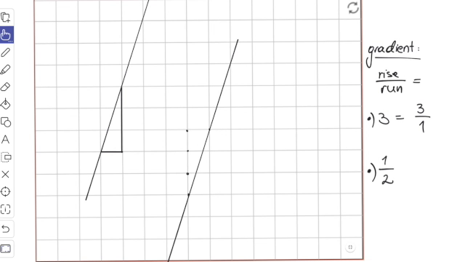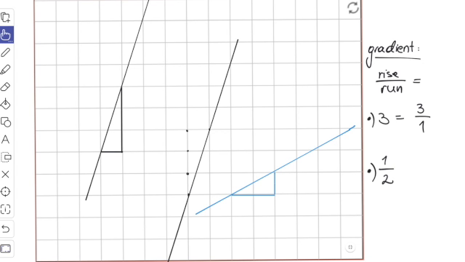I want to show you how to draw a straight line with a gradient of 1/2. First method we're going to use again is that of the triangle. So that triangle has a side length of 2 in the horizontal and a side length of 1 in the vertical, and I need to connect those two to form a triangle, and that's my straight line with a gradient of 1/2.